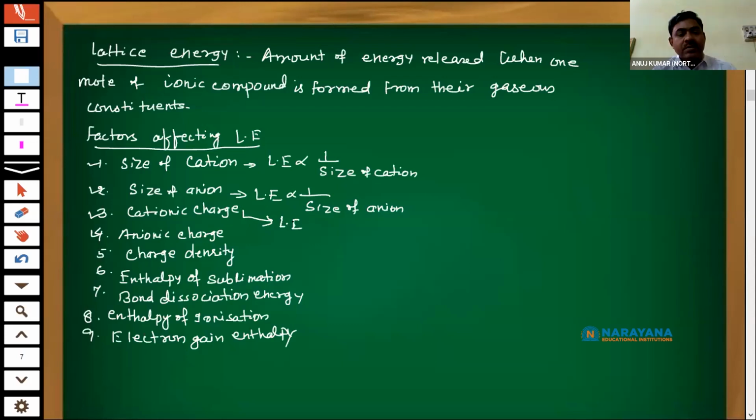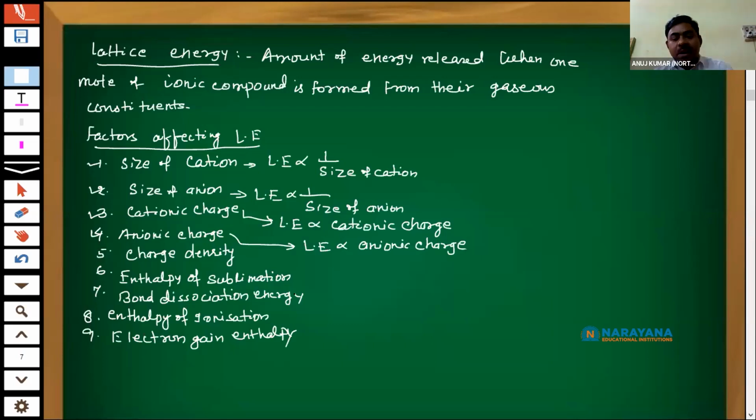Lattice energy is directly proportional to cationic charge, and lattice energy is directly proportional to anionic charge. So you can solve any question by these 4 points. And after discussing lattice energy, I will discuss points number 5, 6, 7, 8, 9.